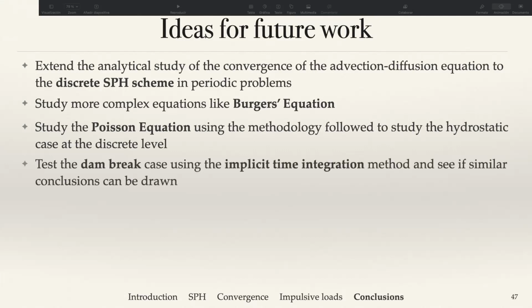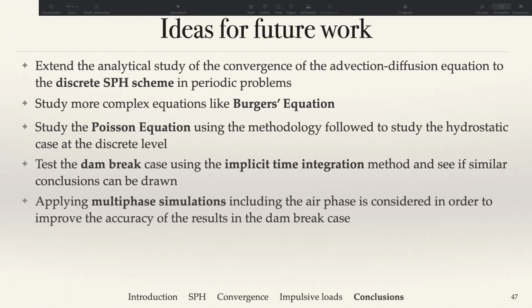Also, testing the dam break case at the computational level using the time integration scheme is obviously considered a required future work, in order to see if the results obtained for simple problems also translate into more complex geometry.